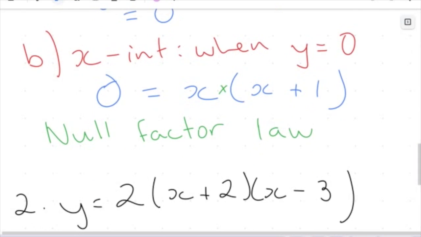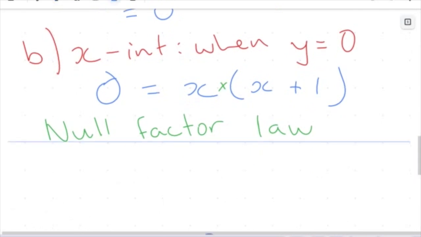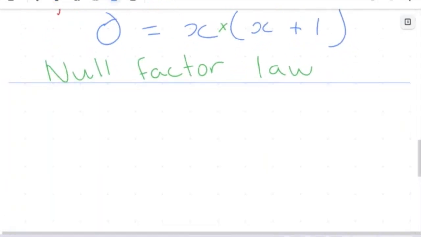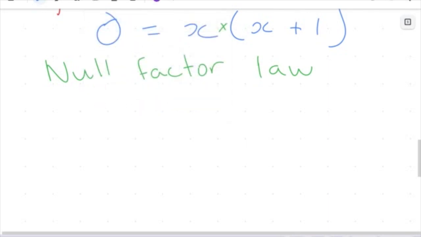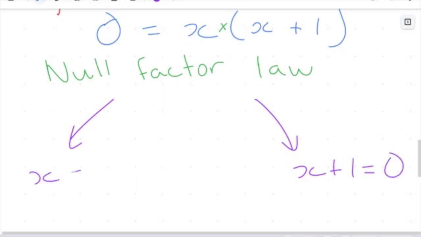So here, we are going to have a couple of cases where this equation can be equal to 0. Now, we want to find examples when x + 1 equals 0, this expression on the right, or when x equals 0 on the left.